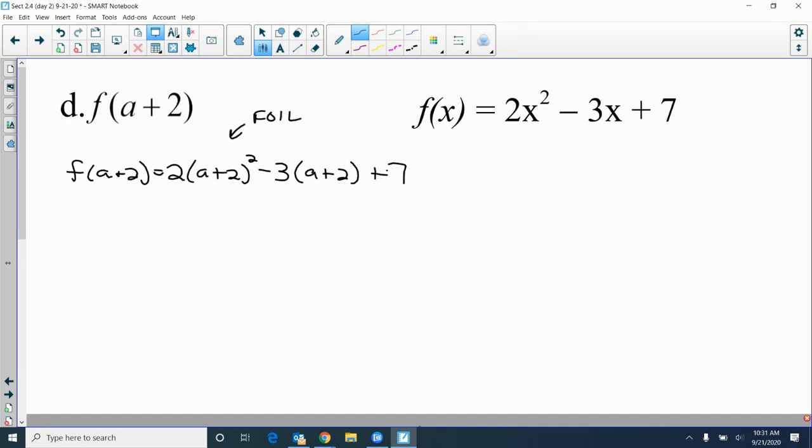So I want to FOIL here, and that gives me 2 times a squared plus 4a plus 4. Distribute the -3: minus 3a minus 6 plus 7. All right, now distribute the 2.